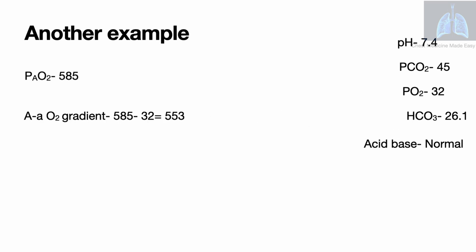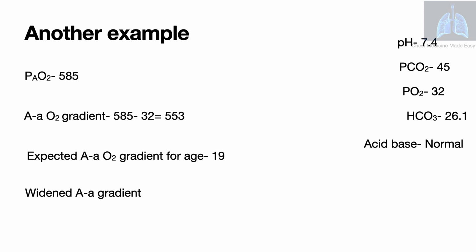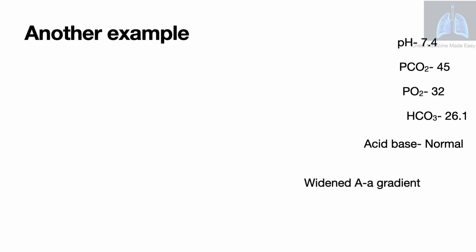And that would give you an alveolar partial pressure of 585 millimeters of mercury. And the AaO2 gradient would be 553. The expected AaO2 gradient for this patient is 19. So there is a widened AA gradient. So this is an example of hypoxia with widened AA gradient.